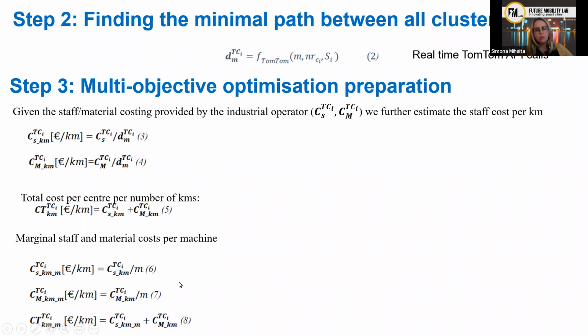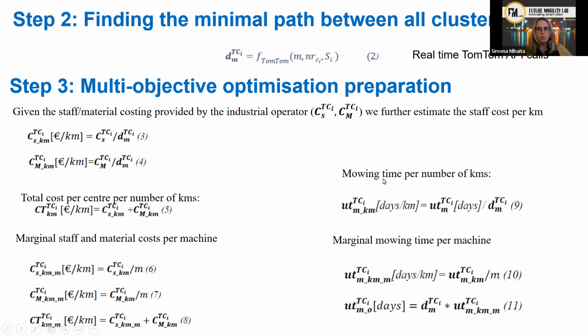And when you add these two up, you arrive at a total cost per kilometer, which of course depends on the number of machines that you have in that technical center. Similarly, we used the minimal distance to calculate the mowing time per number of kilometers. We received the time that the technical center has spent across the years to do the mowing.